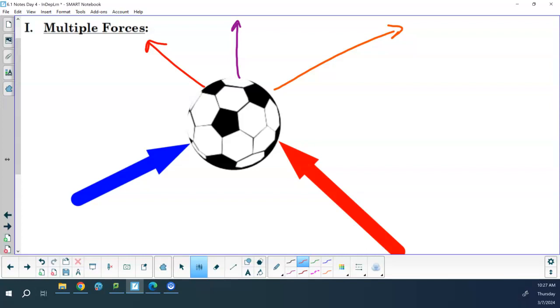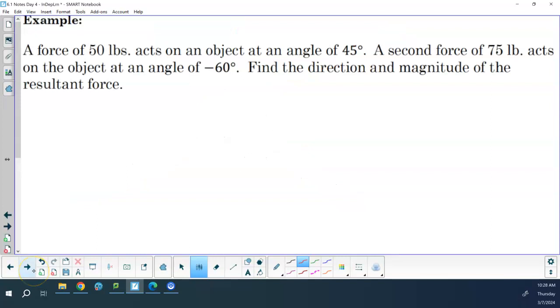So with that being said, let's talk about multiple forces and how we figure out which direction that ball would travel. So example number 1 says, a force of 50 pounds acts on an object at an angle of 45 degrees.